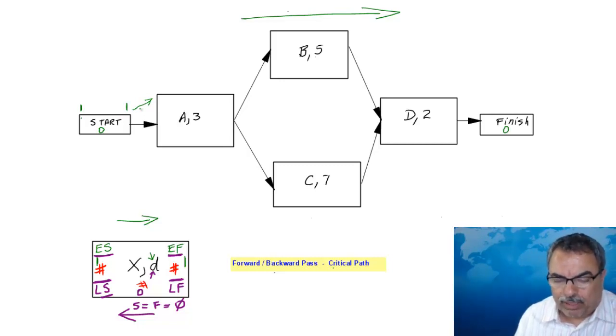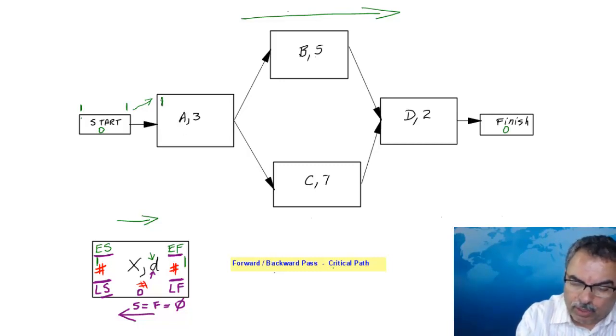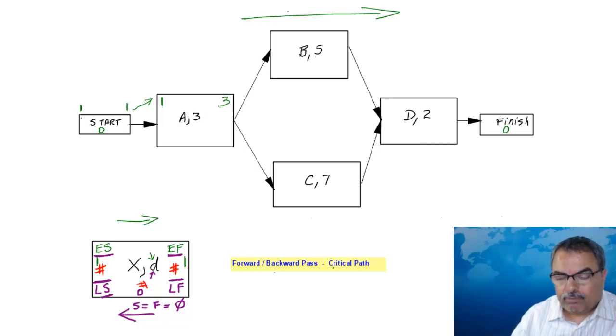It's still available for me. Therefore, I can start task A on day 1 in the morning at 8 o'clock. And because it takes 3 days to finish, if I work on day 1, day 2, day 3, I will be done by the end of day 3. That's why I told you it's really 1 plus 3, that's 4 minus 1, that's why it's 3.